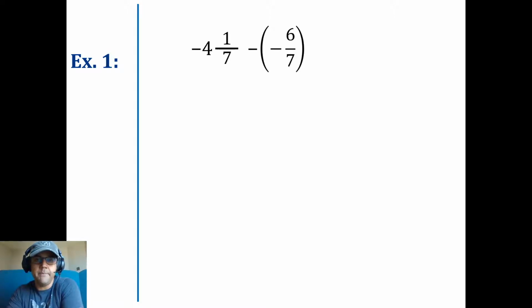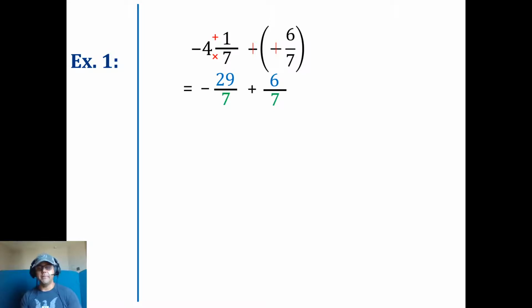So adding the opposite will give me, well, let's change it, I guess, to an improper fraction, just like you did on your quiz. 7 times 4 is 28, add 1 is 29, keep the negative sign. All right, there's the adding the opposite, so it's plus 6 over 7. Now the great news is, again, that we have the same denominators, so I don't have to change anything there.